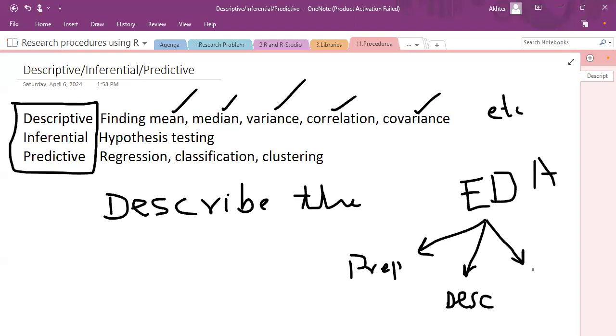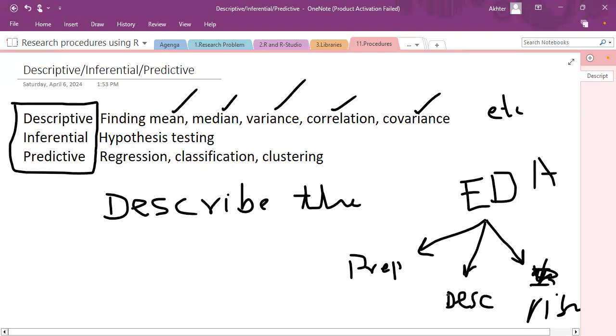And the last thing is visualization. Sorry, it's not inferential, it's analysis. Analysis means you have to find out the things: descriptive measures and visualization. What is the first step? Data preparation. Then finding the descriptives in your data, then visualization, making graphs.